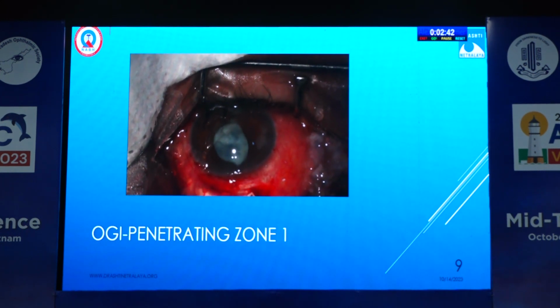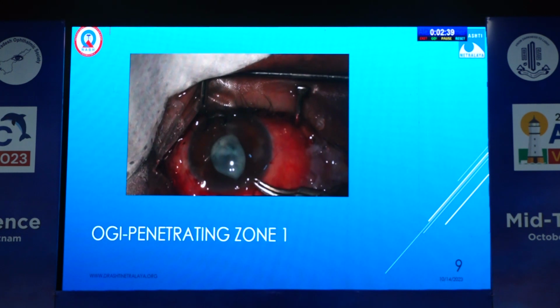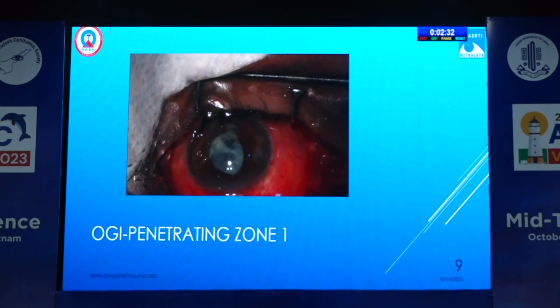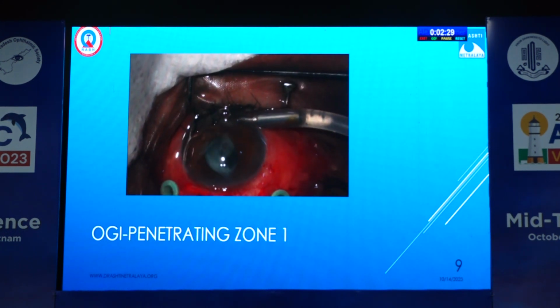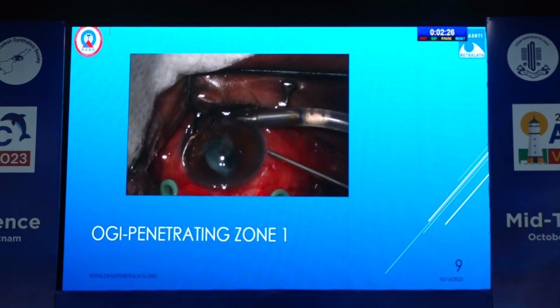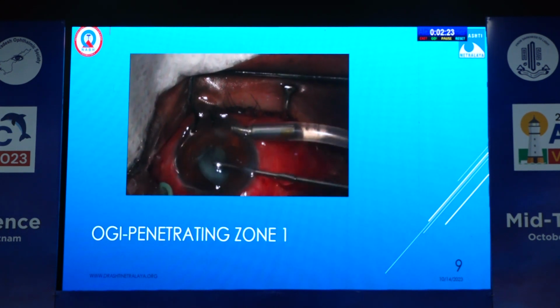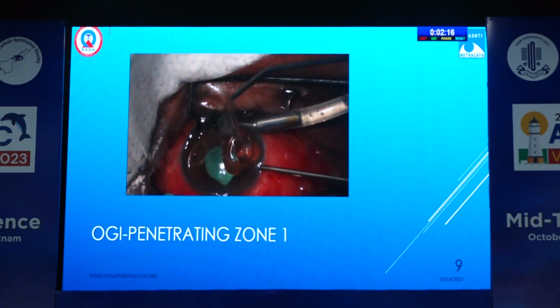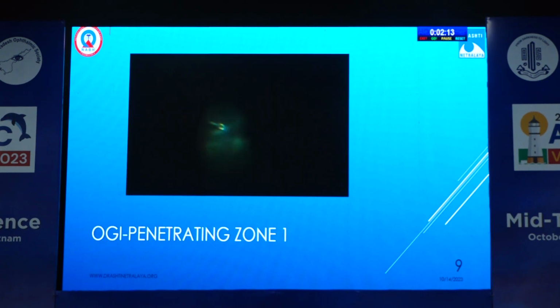After the removal of the lens, we found that there was a lot of infiltration in the posterior segment. A large amount of exudates was found.